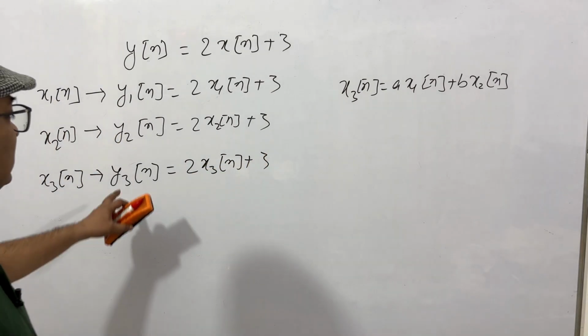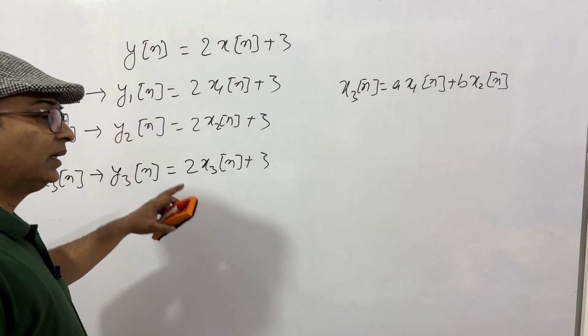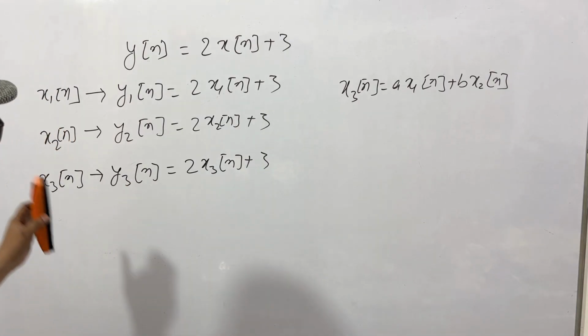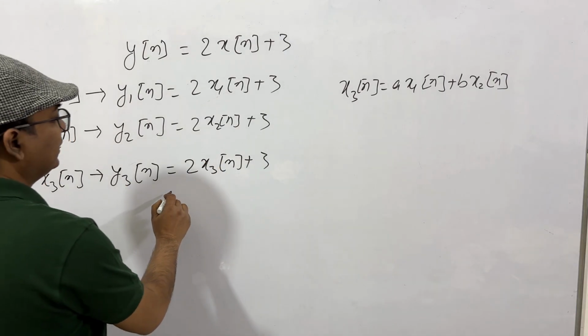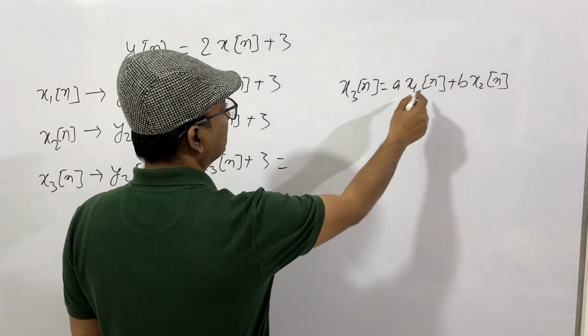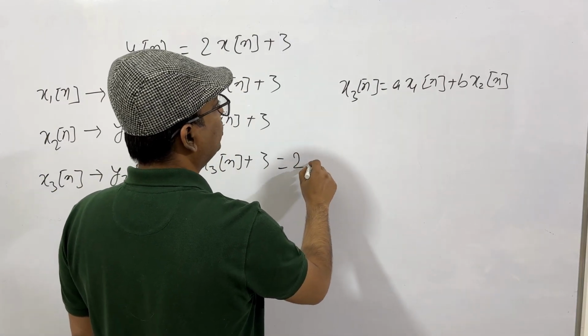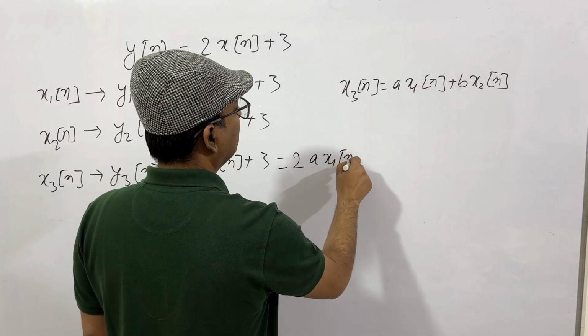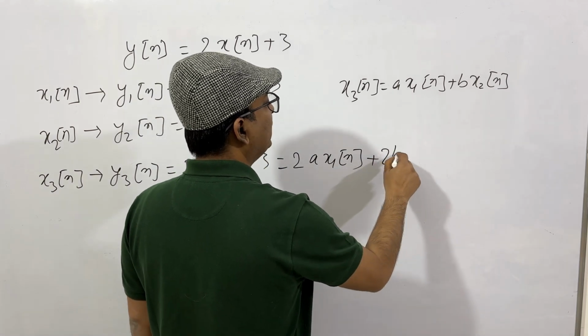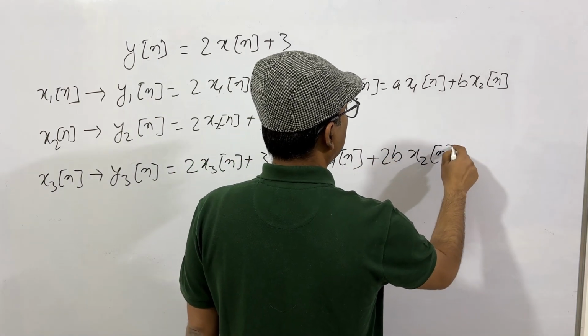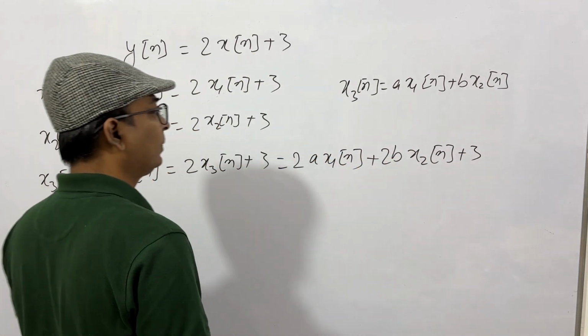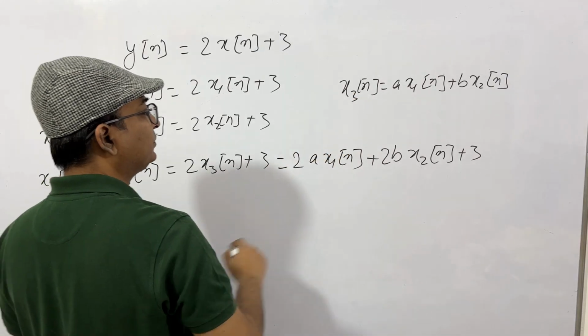What we want? This should be equal to a y1(n) plus b y2(n), so that the system is linear. Let's see if we put the value of this. So what you will get? You will get 2a x1(n) plus 2b x2(n) plus 3. Okay, putting this value in this.